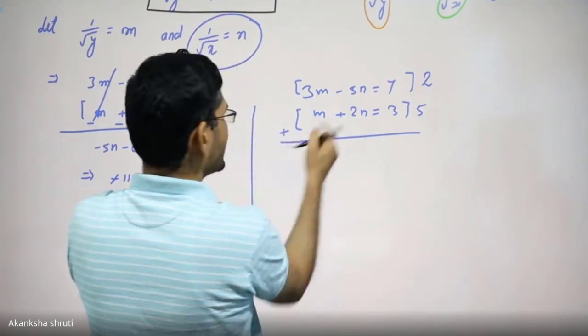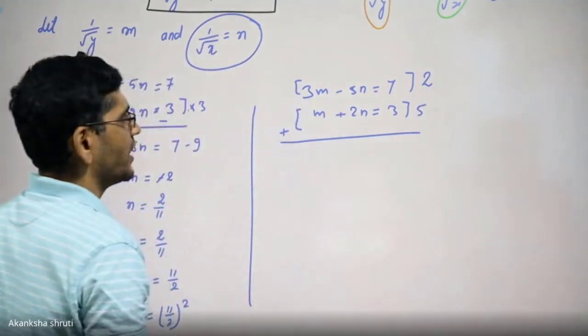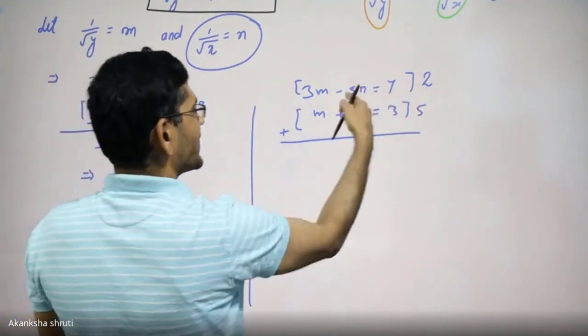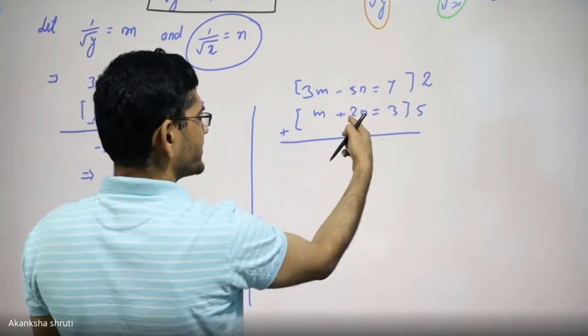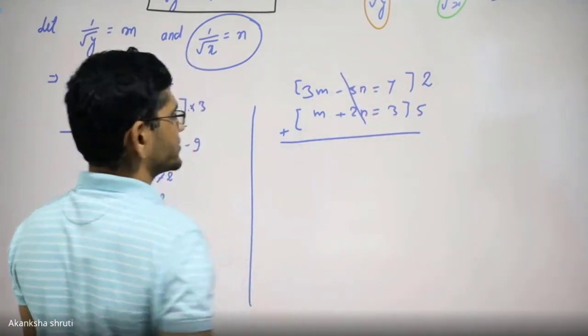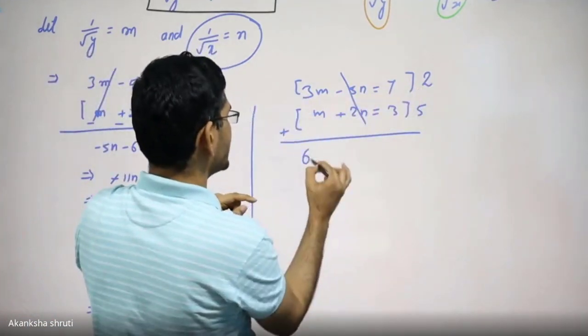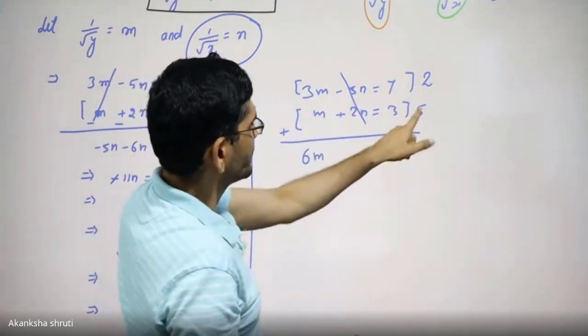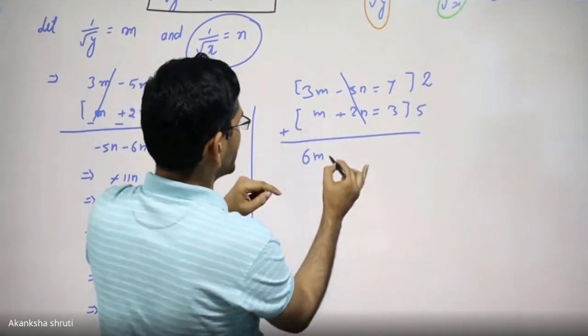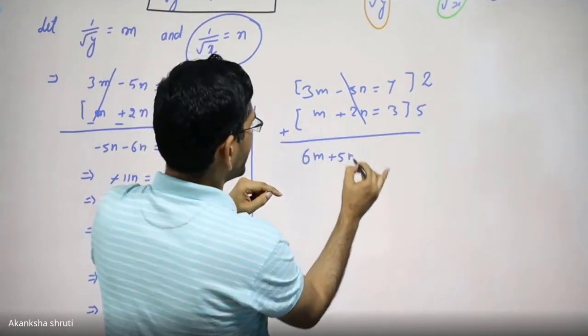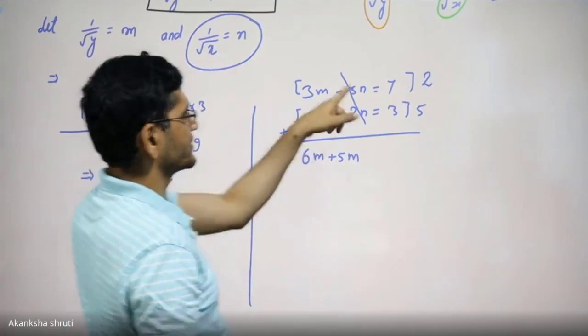Go for adding because their signs are opposite. 5 2s are 10. This 5 and 2s are 10. This will get cancelled. Their signs are already opposite. 2 into 3 is our 6m. 5 into m is our plus 5m. This is cancelled.